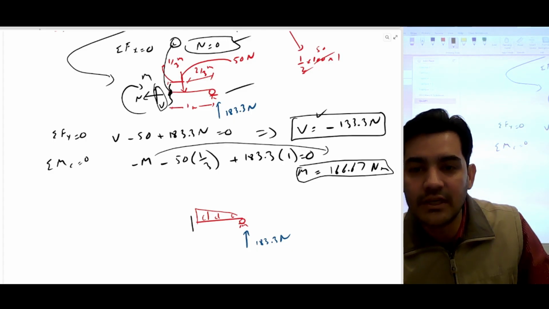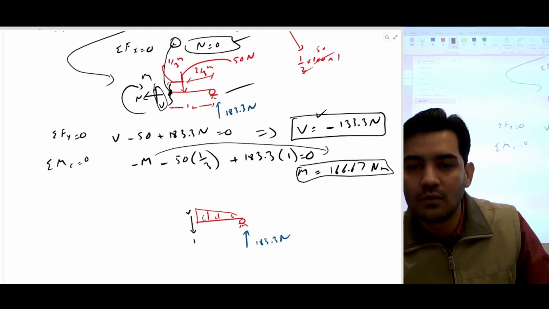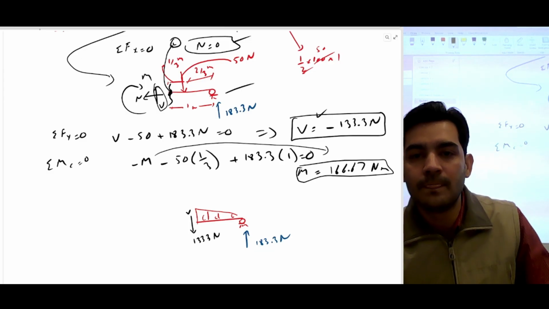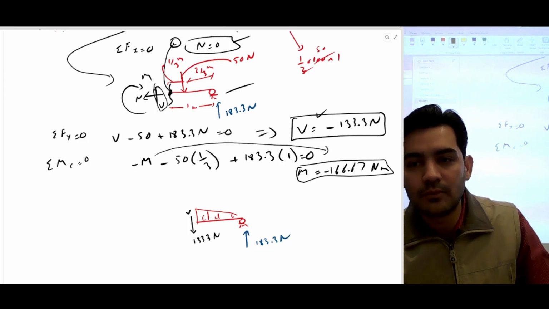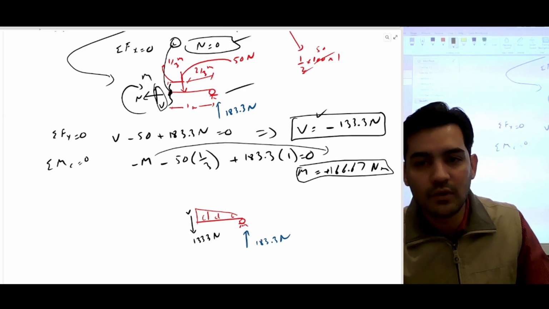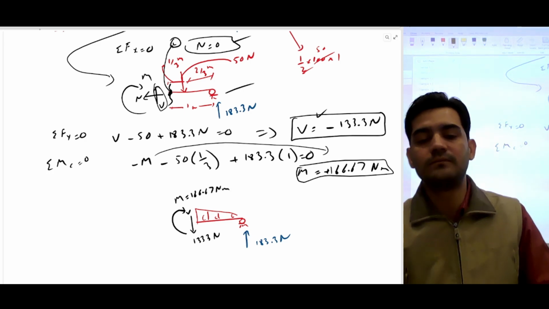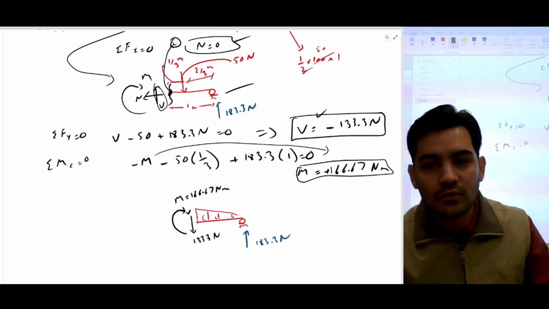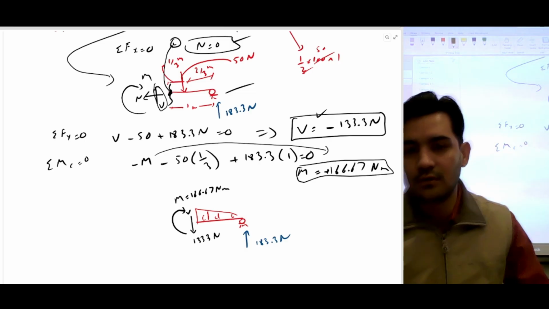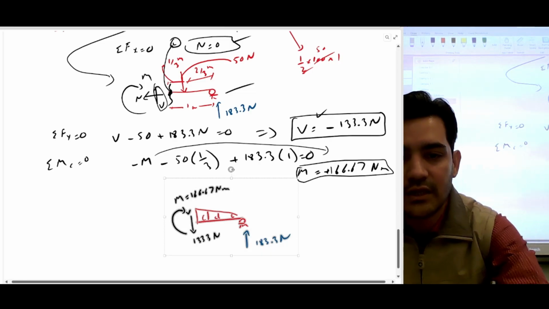So we will change the direction: 133.3 Newton. And the moment came out to be the same, positive, so we will not change the direction for the moment. Moment is 166.67 Newton meter.